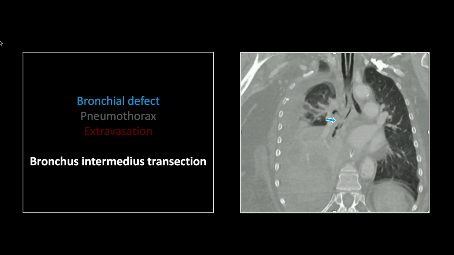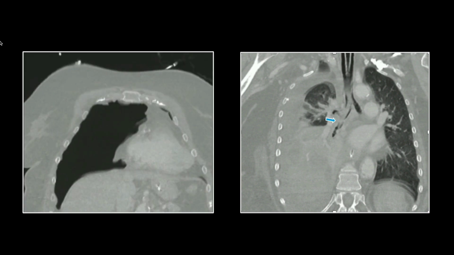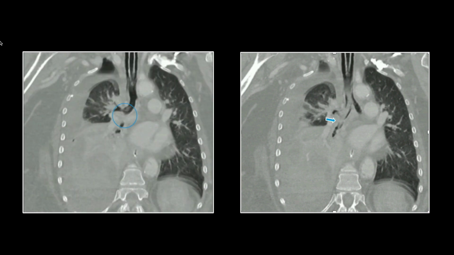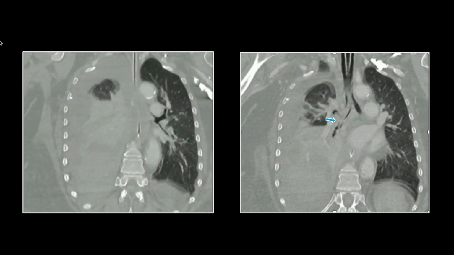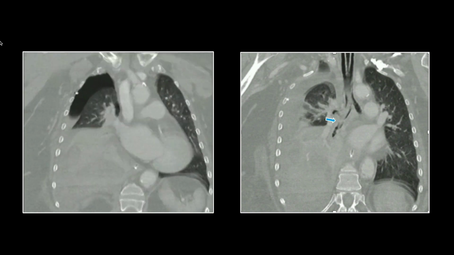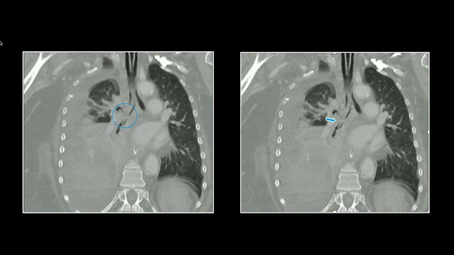In addition, look at the horizontal fissure, and you can see it so clearly that you can much more easily identify the atelectatic right middle lobe and lower lobe on this coronal view. So there is that transection, actual separation of the bronchus intermedius, and a clearly atelectatic right middle and lower lobe.